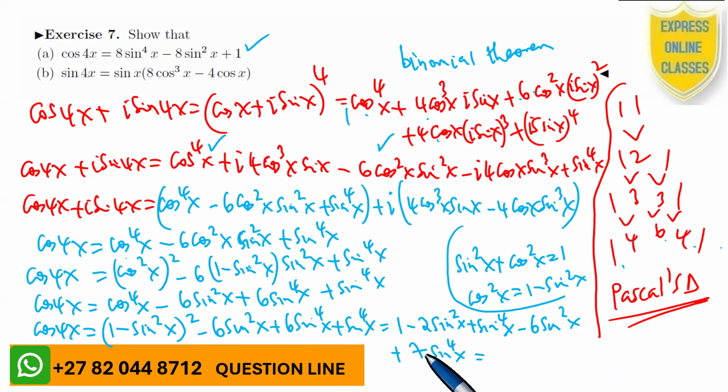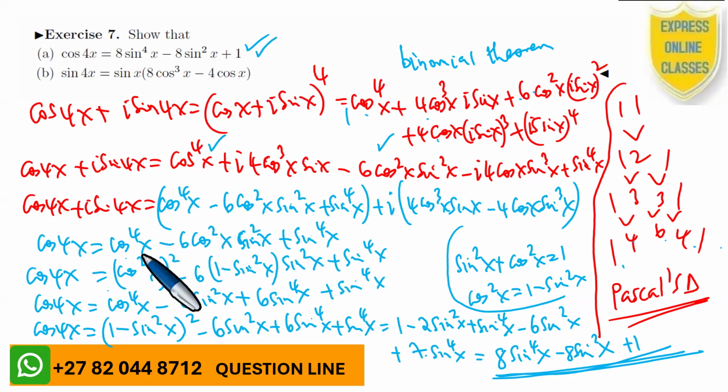And therefore the 7 and the 1 sine to the power 4 is 8 sine to the power 4 of x. And then you have minus 6 sine squared minus 2 sine squared, which is minus 8 sine squared x, plus 1. And this is the answer.